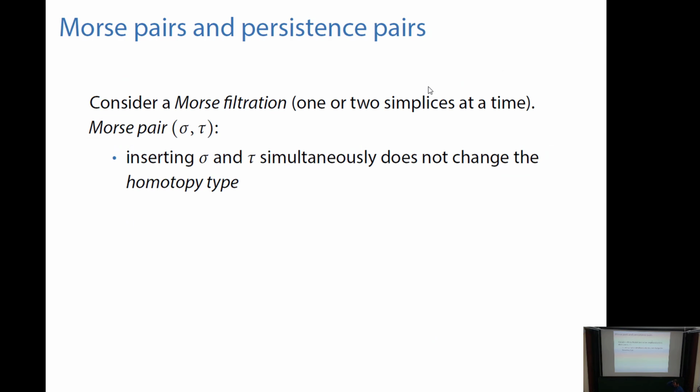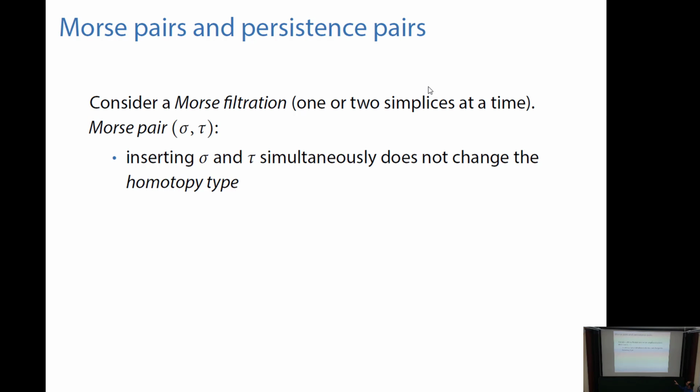I want to identify a certain set of pairs that are both Morse pairs and persistence pairs at the same time. The way to set this up is we start with a Morse filtration, so we have one or two simplices appearing at the same time. Then let's consider what the two different types of pairs are in those theories.